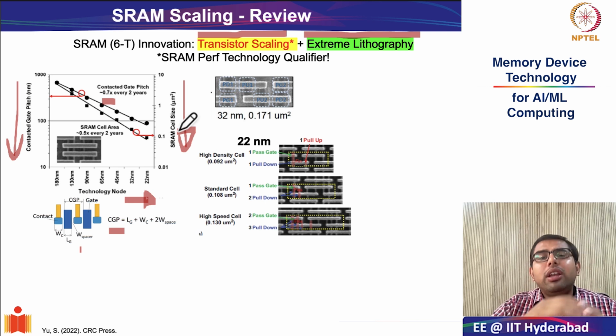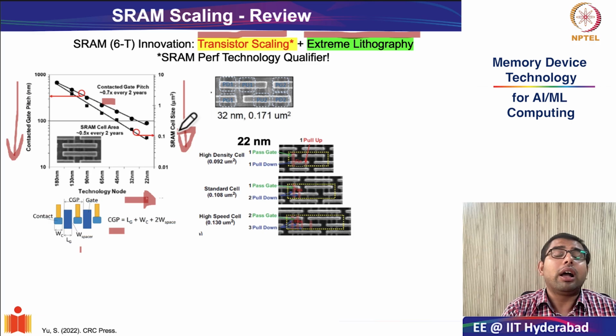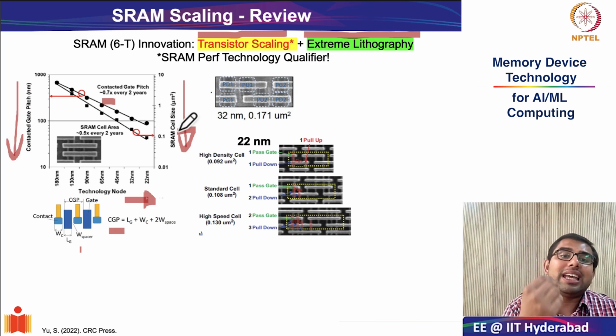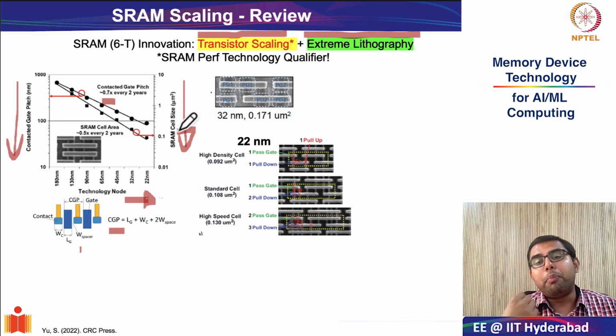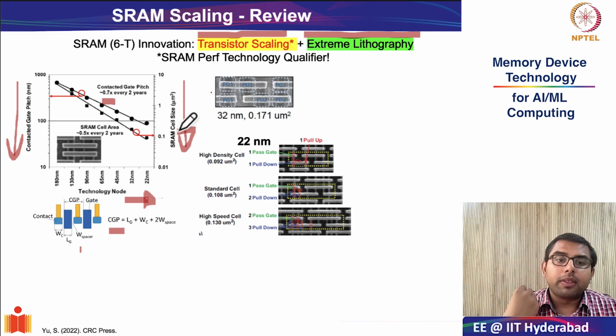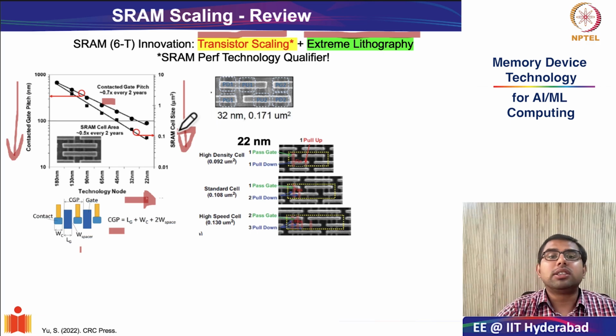And we are seeing really important developments in the SRAM performance, because you are able to fit more and more SRAM cells in a smaller area, because the cell size is improving by twice every 18 months or 2 years.